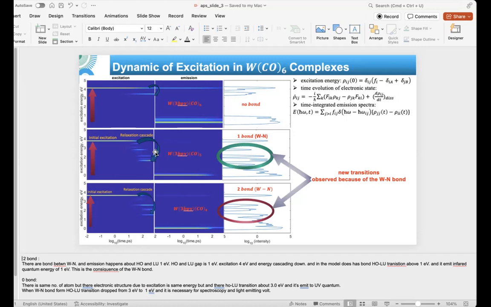That also proves, when we compare with the absorption spectra, that when we have formation of the bond, we are able to see absorption in the lower transition energy region. And when we excite the system, we see the energy cascade from 4 electron volts to 1 electron volt.